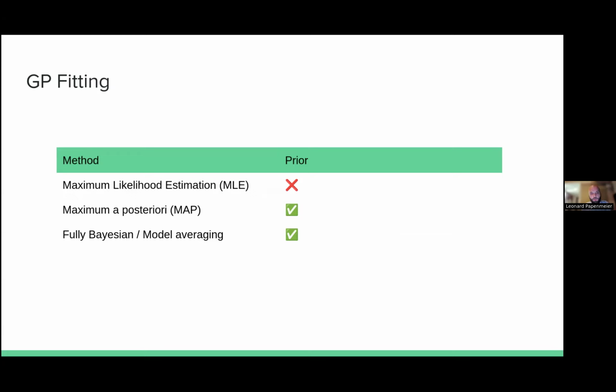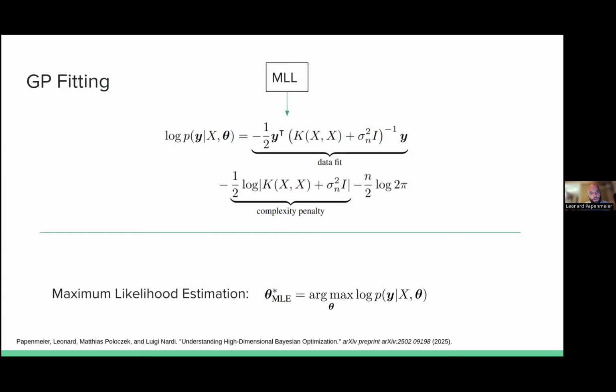It chooses the mode of the posterior distribution to configure the GP basically. The fully Bayesian approach samples from this posterior distribution a couple of times, and then averages those models. That's why it's called model averaging. We don't talk about the last approach, but focus on the first 2 approaches, which are also a bit more common because the fully Bayesian approach is relatively expensive because it involves this Monte Carlo step.